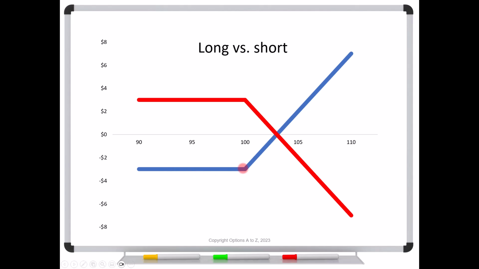The blue graph is the buyer, the red graph is the seller. They will both break even at the same spot, so they're going to cross over right there. But notice that they are symmetrical around zero. So if we just were to divide the graph this way, the top half looks exactly like the bottom half. And when you see that, that's the difference between a long and a short position.